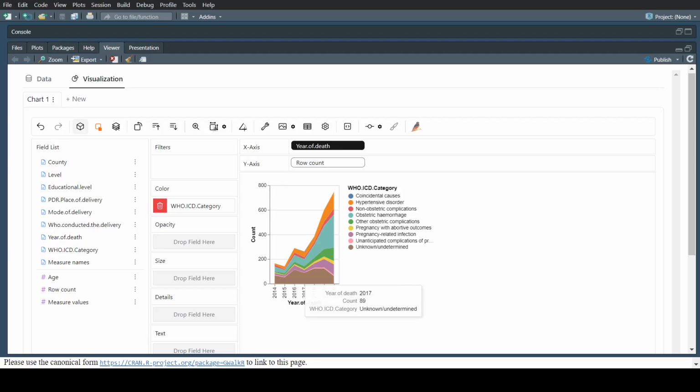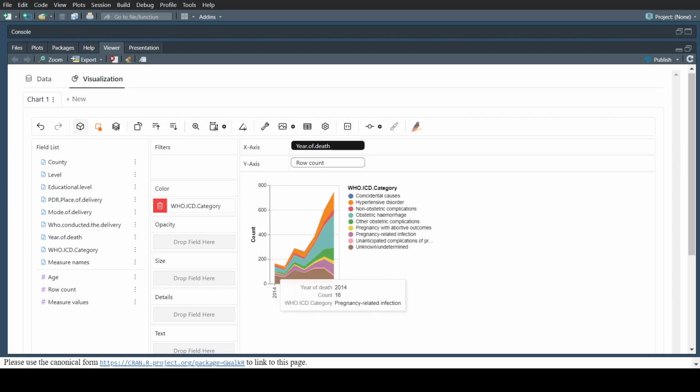And this is another big number of unknowns. You can see how the unknowns are so many compared to some of the other classifications where there are very few women. So this is also a curious finding, why every year there's a large number of unknown cases, although of course it's reducing.